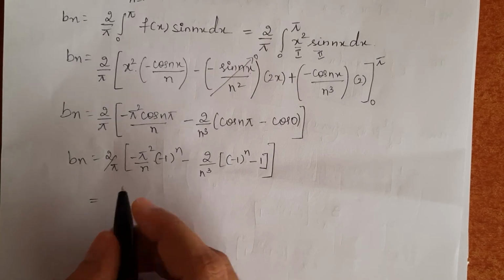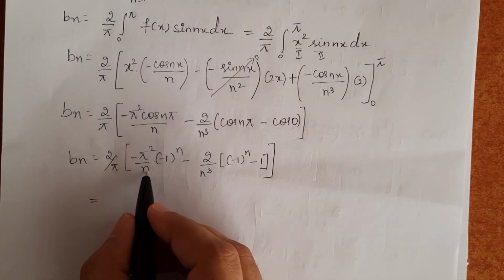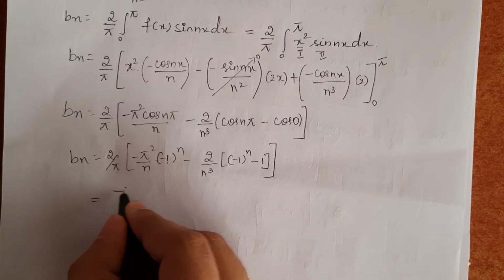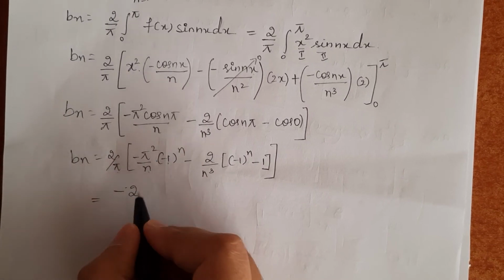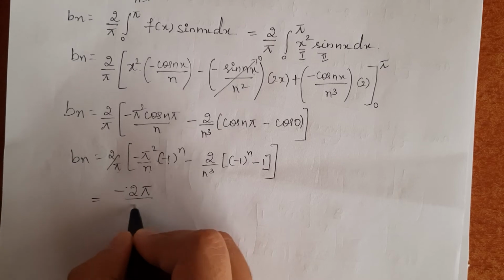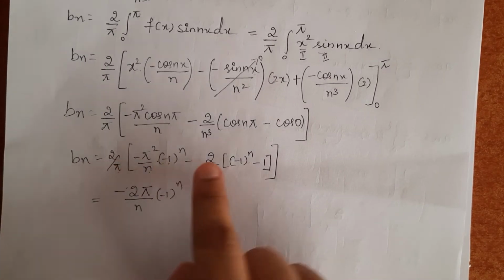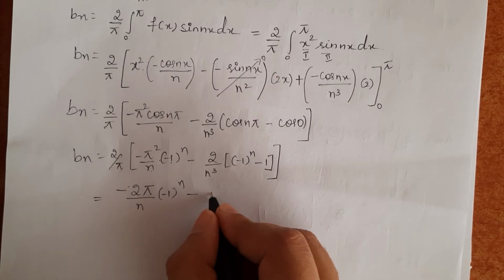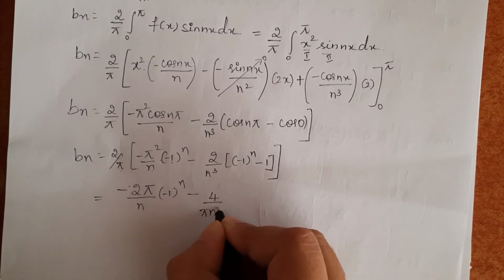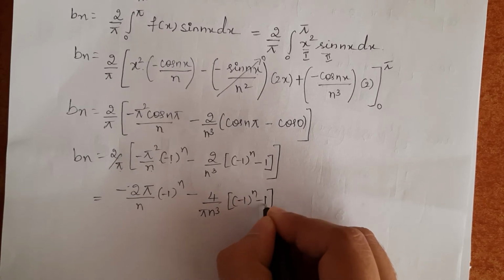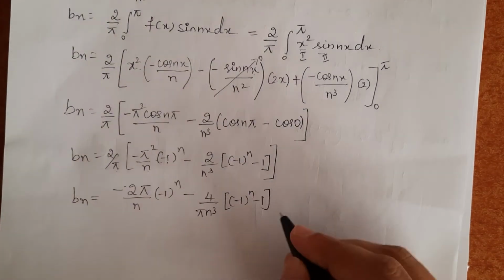So 2 by pi into minus pi square by n into minus 1 to the power n will be minus 2 pi by n into minus 1 to the power n, since one of the pi terms gets cancelled. Then plus into minus will be minus, 2 twos are 4 by pi n cube into minus 1 to the power n minus 1. This is the value of Bn.